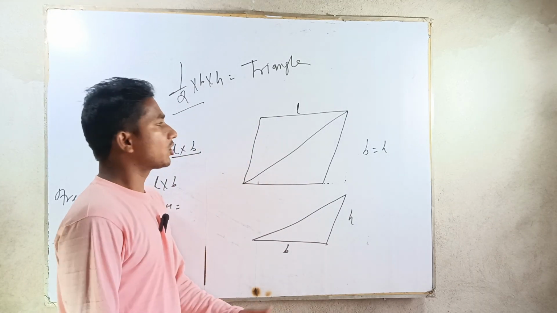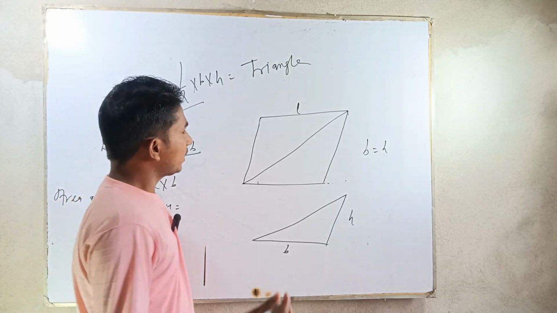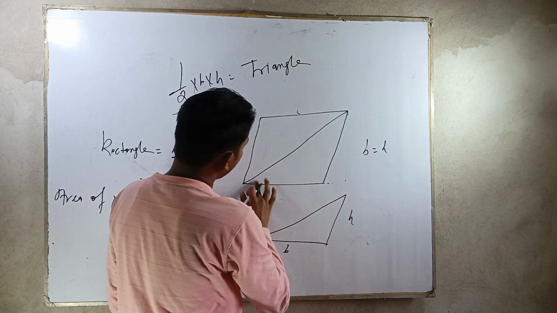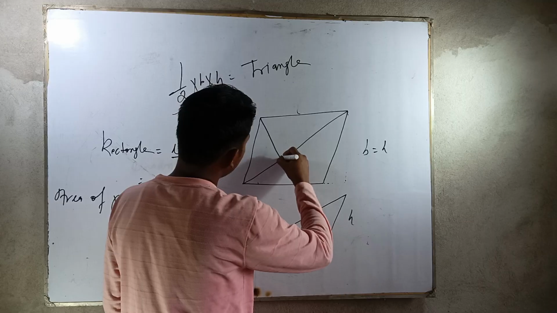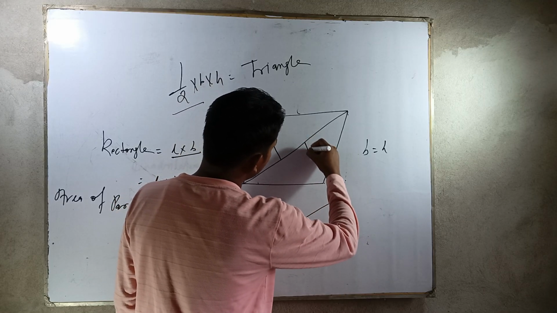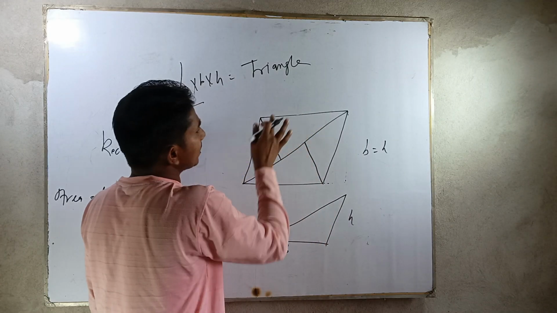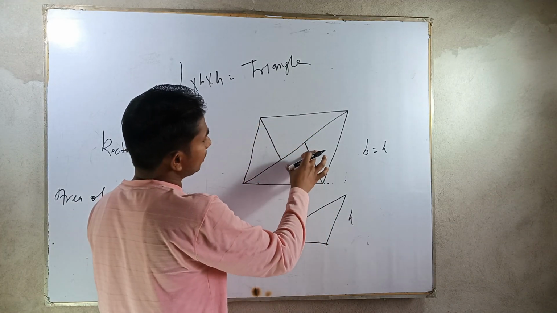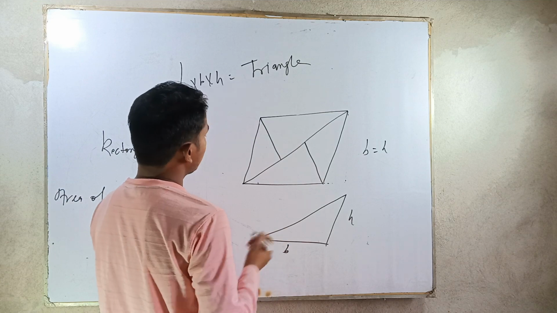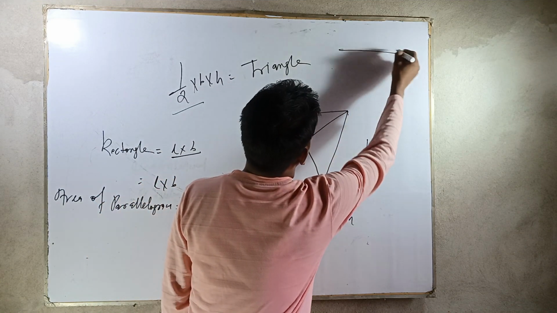And sometimes we also discuss that if there is one figure like this, it is also a type of parallelogram. So in that case how will I find its area?